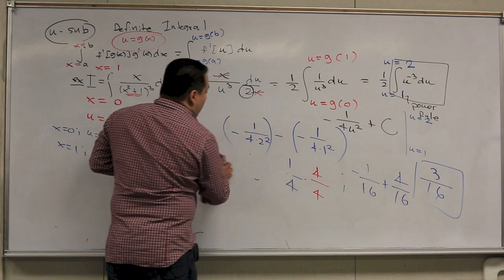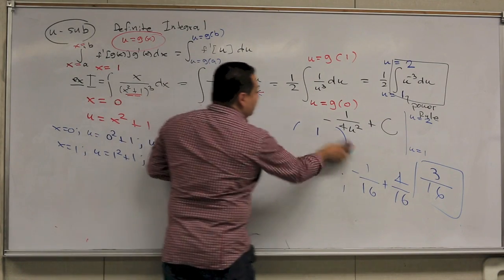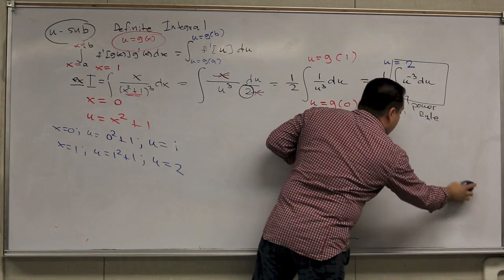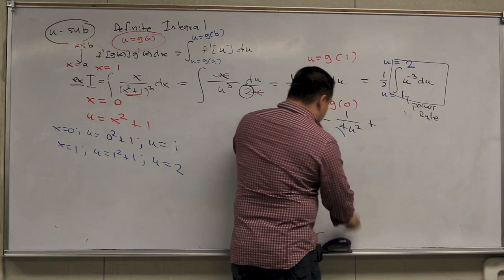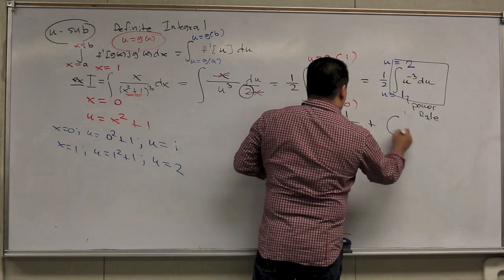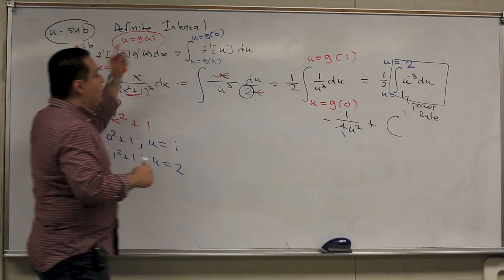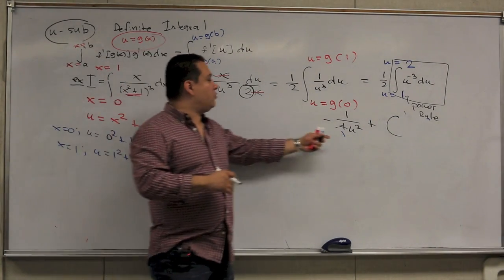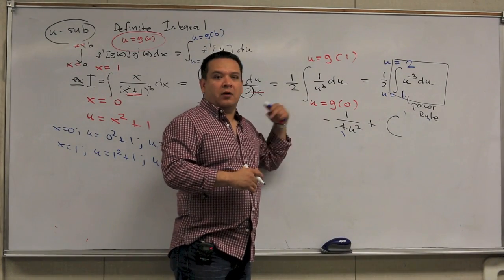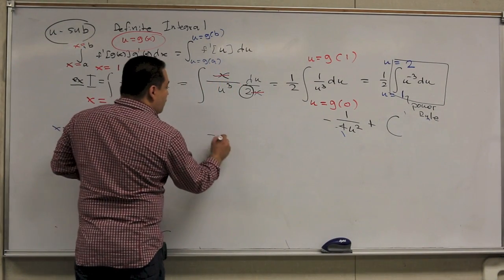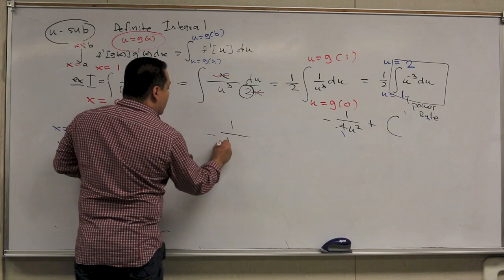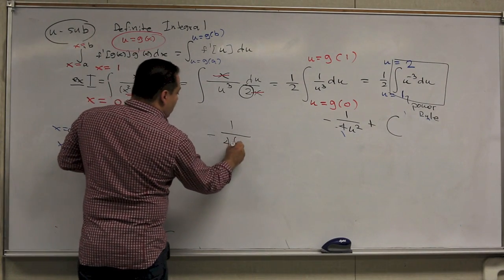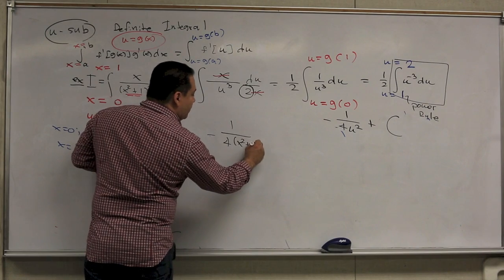Okay. There's another way you could go about this. And you say to me, well, what do you mean? This is what I think your question really is. For a definite integral, can I write this function in terms of x? Sure. So this is negative 1 over 4 times not u squared, but what? X squared plus 1, and that was what?